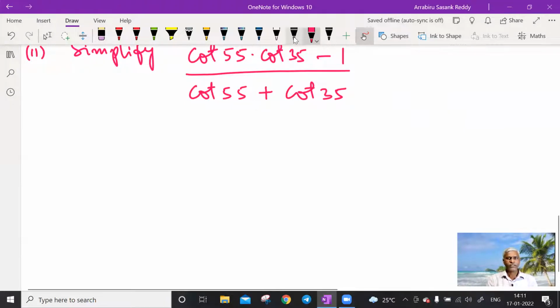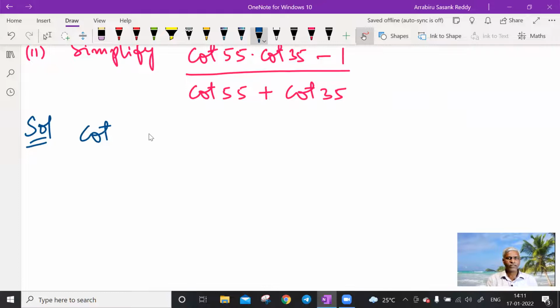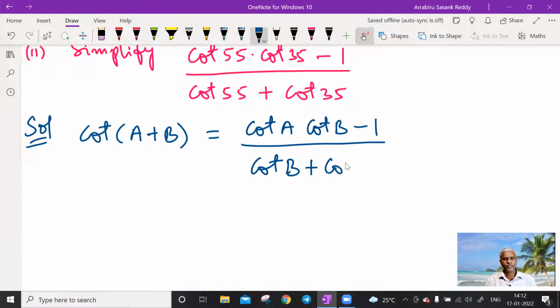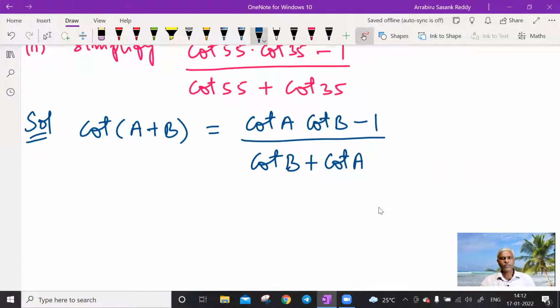Here, this is in the form of cot(A plus B), where cot(A plus B) is cot A cot B minus 1 by cot B plus cot A. So this is in this form.